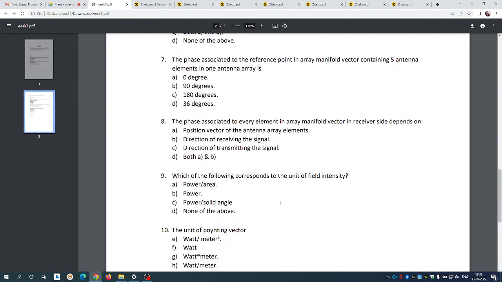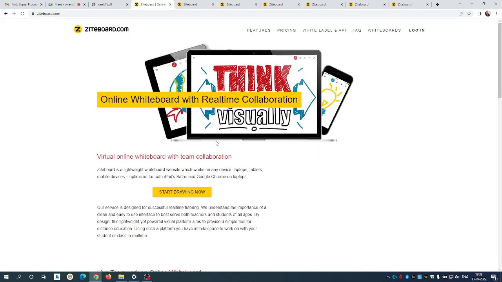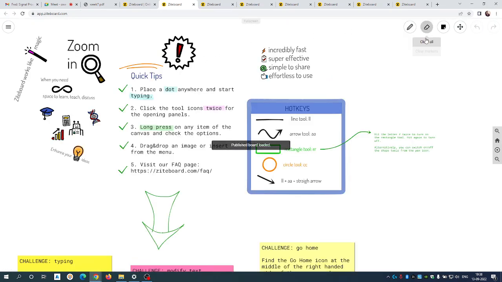So the next question is, which of the following corresponds to the unit of field intensity? So if we think for the point field intensity, this is probably the solid angle, the direction the beam is getting deployed.